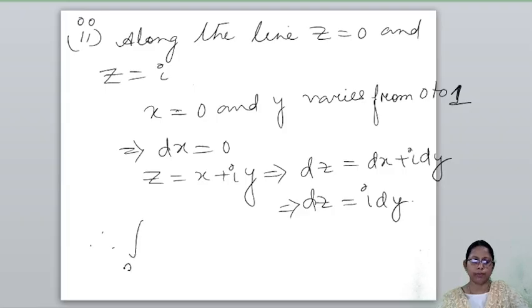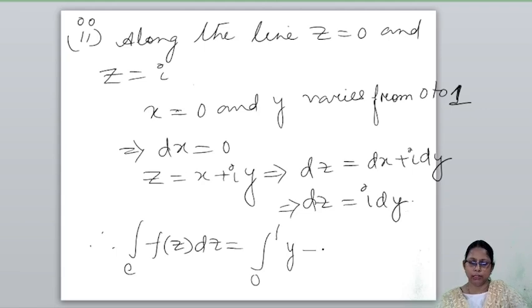Therefore, the integral of f(z) dz over the curve C, where y varies from 0 to 1, the function is y minus x minus 3x squared i, and in place of dz it is i dy. But x is 0, so that portion is 0.